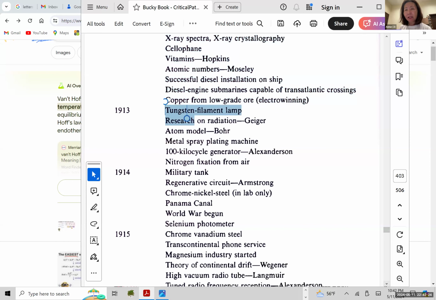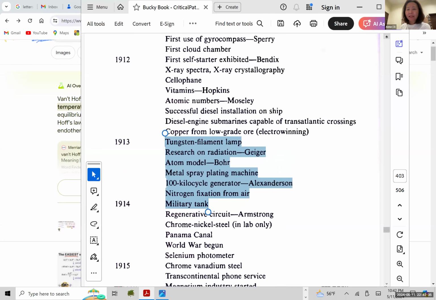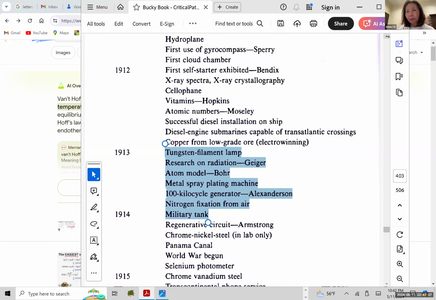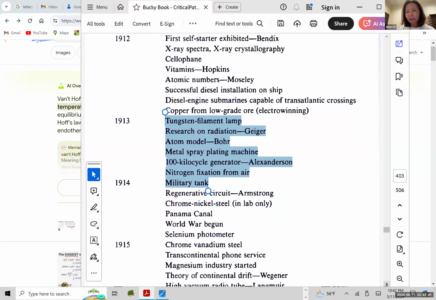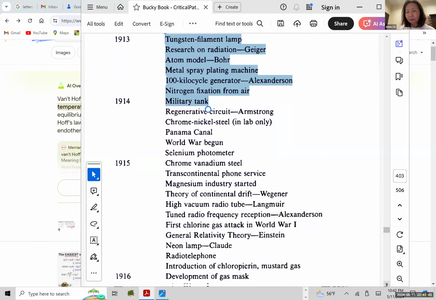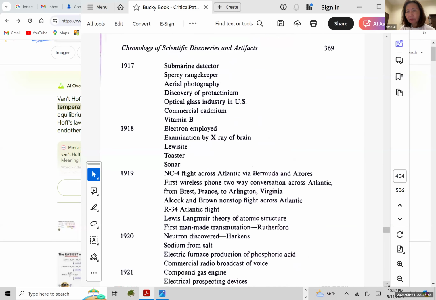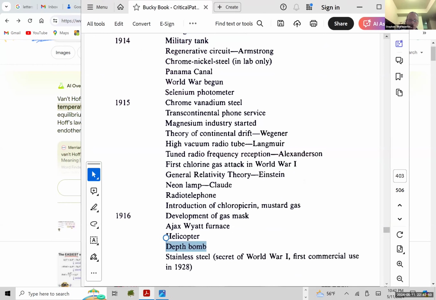Even the depth charge, in Bucky's is 1910, but then it's showing up here as 1915 or 16. Depth bomb, 1916. So it's just a matter of timing, and there are a lot of overlaps.